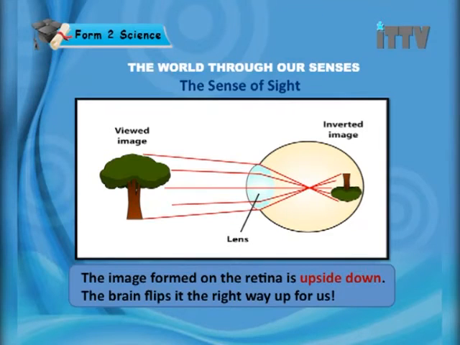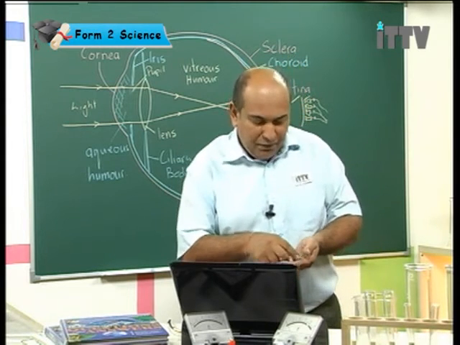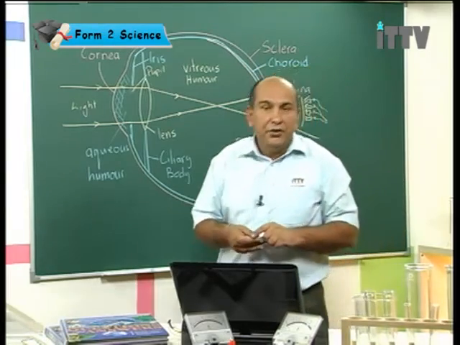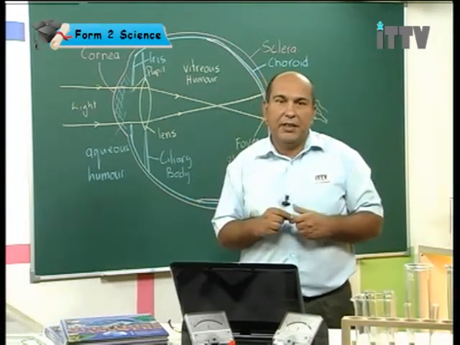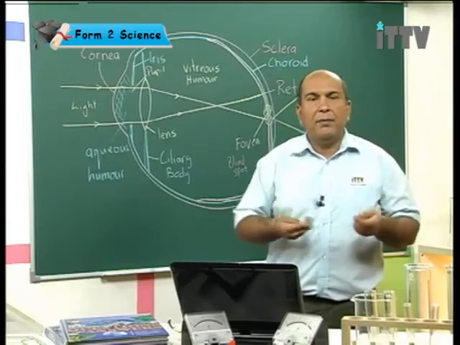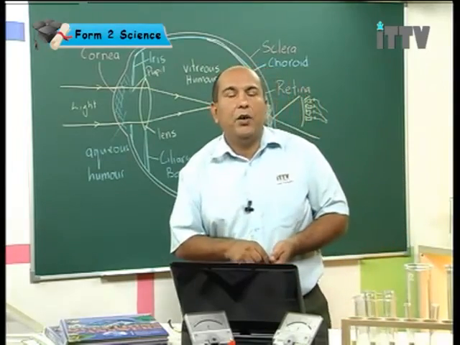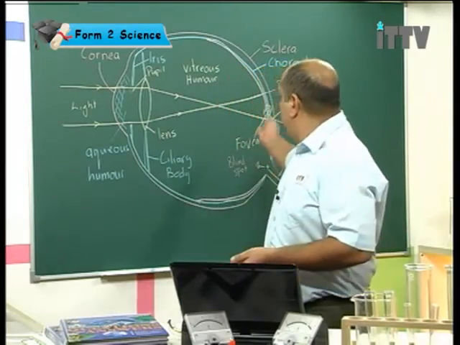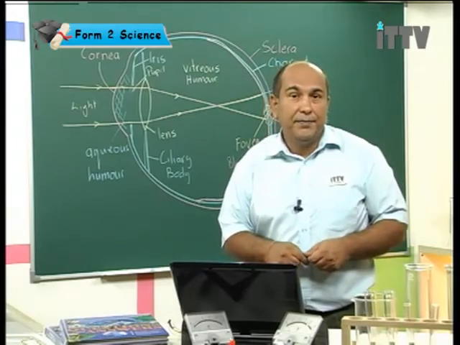Finally, the last part. The image formed on the retina is upside down. The brain flips it the right way up for us. Now, this is common for all optical instruments that produce a real image. A real image is something that we can put on a piece of paper or onto a screen, or in our case, onto the retina.